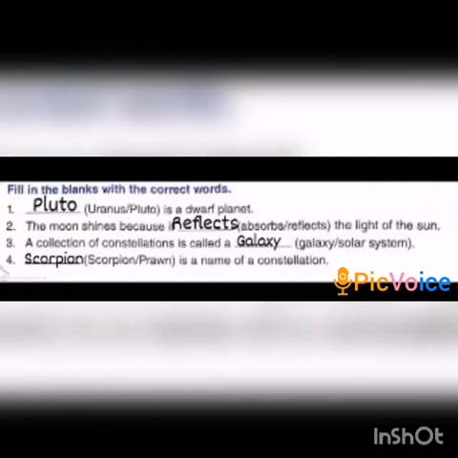Galaxy or solar system? The answer is galaxy. Then the fourth one: Scorpion is the name of a constellation. Scorpion or Prawn? The answer is Scorpion.